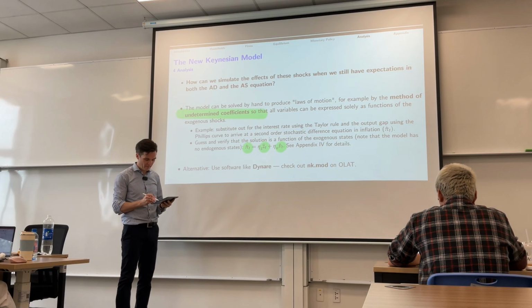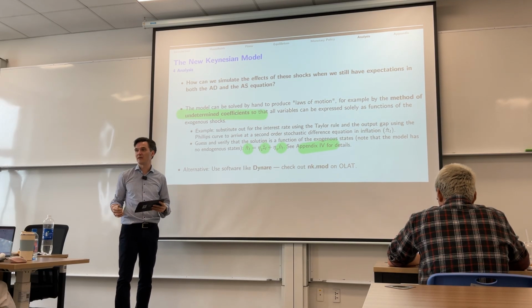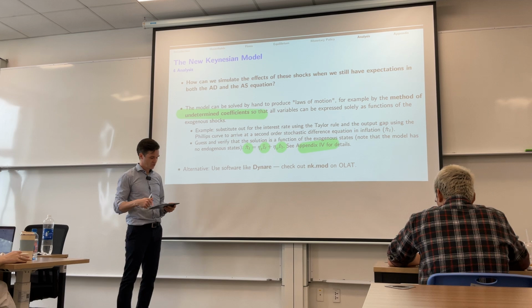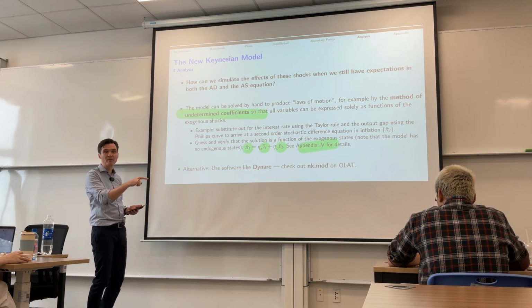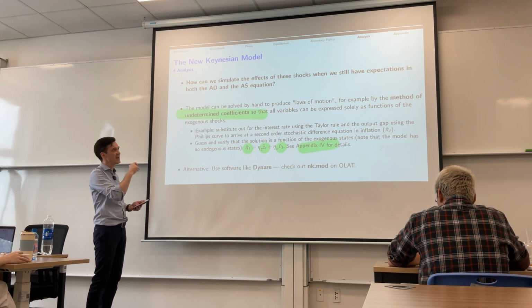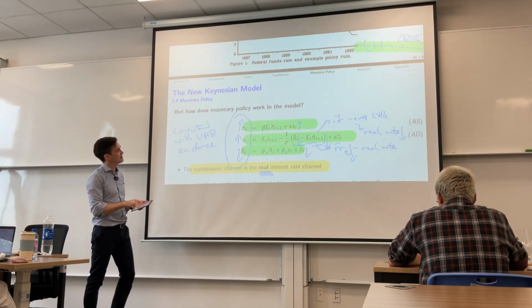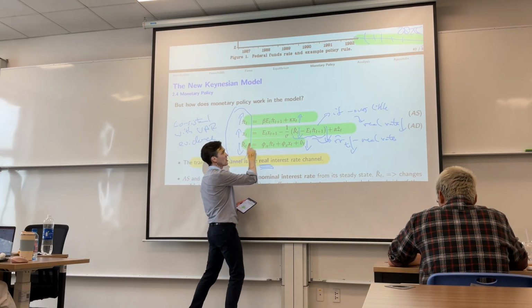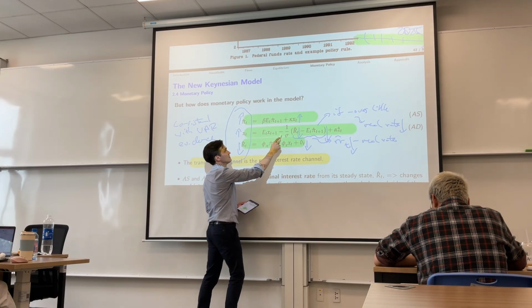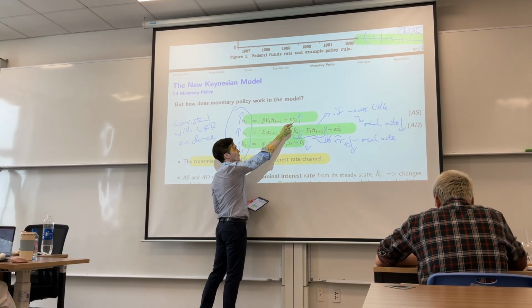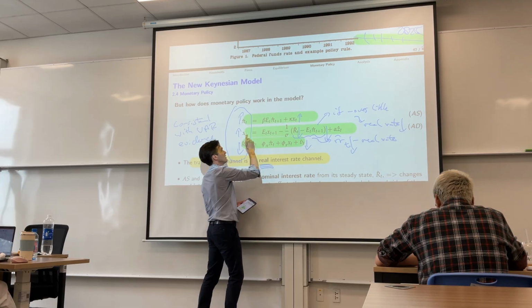Now I wrote a full appendix for you if you want to refresh your memory on this. The appendix does this step by step. First of all, it takes this model, plugs this R in there, and takes this Phillips curve, solves it for x, and plugs this x in here and in there.